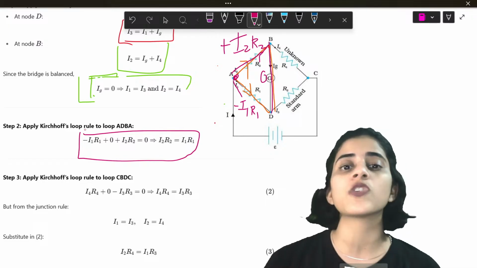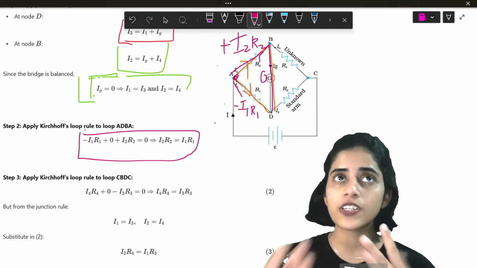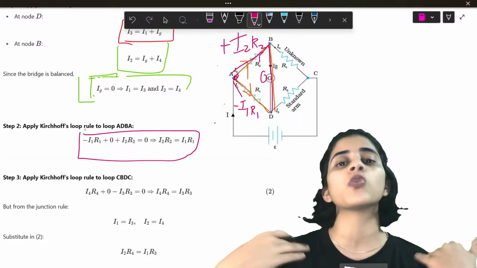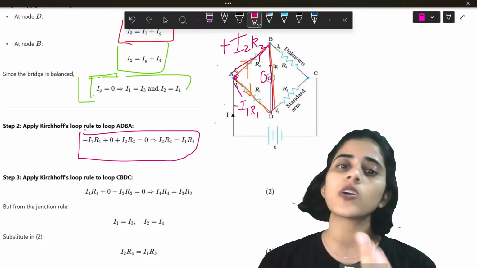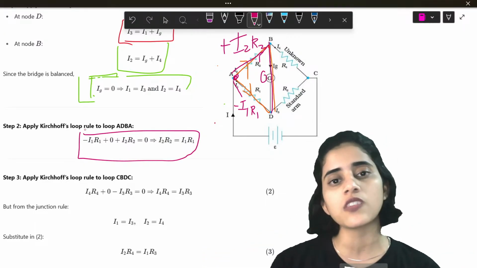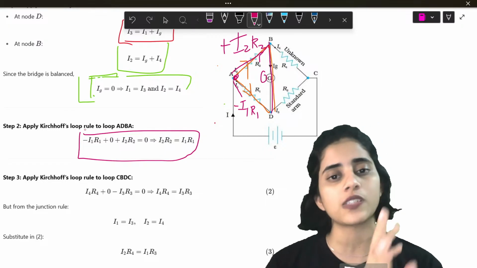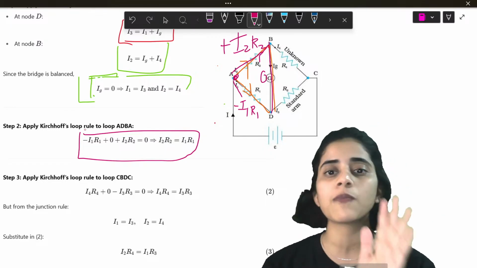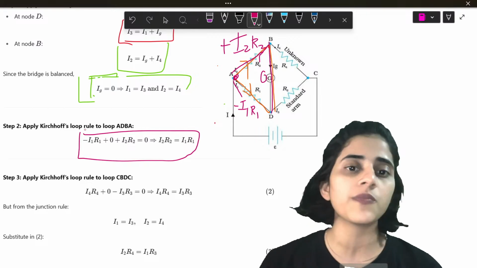Now, if this is confusing to you and you want to take anything measured in the direction in which you move as positive, then I1 R1 will be positive and I2 R2 will be negative. However sign convention you take, you just have to use the same thing for all the loops. That's the only rule.